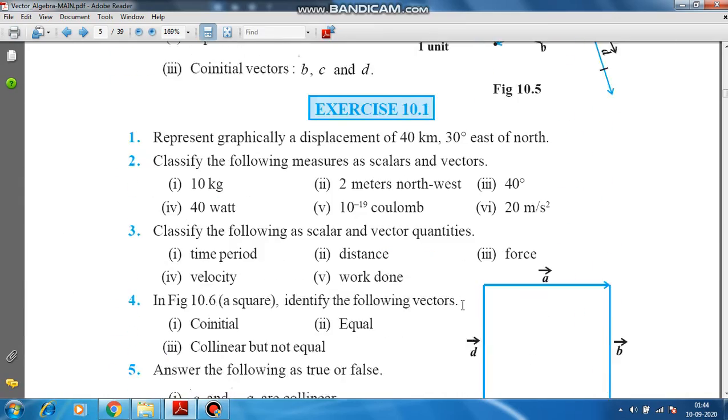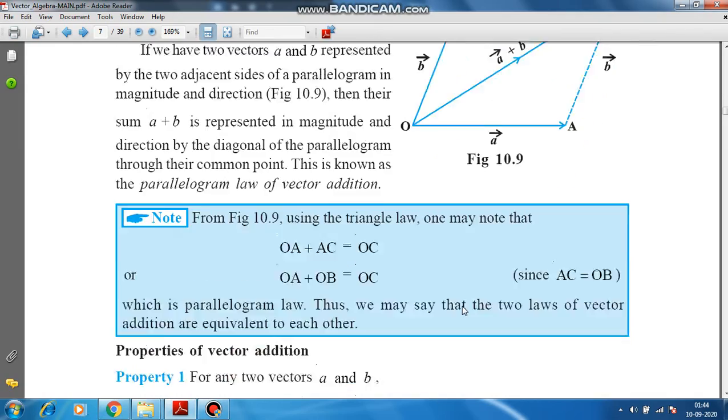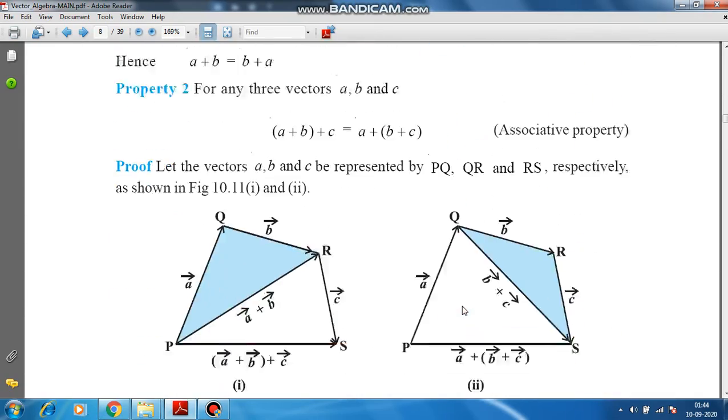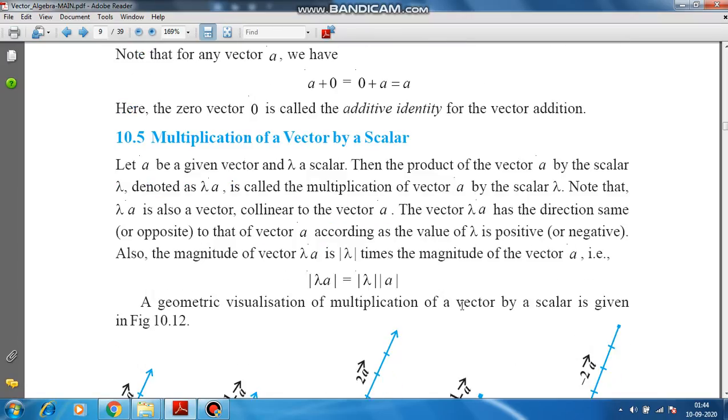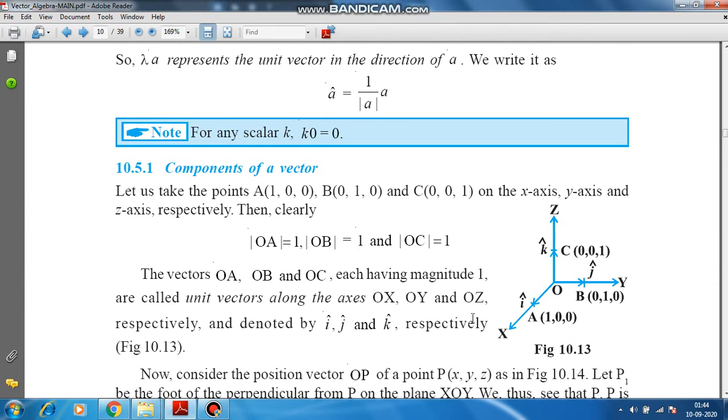Next we will pass on to components of vectors. Suppose in three-dimensional coordinate geometry, this is the x-axis, this is the y-axis, and this is the z-axis, and we cut a part of the x-axis of unit length.